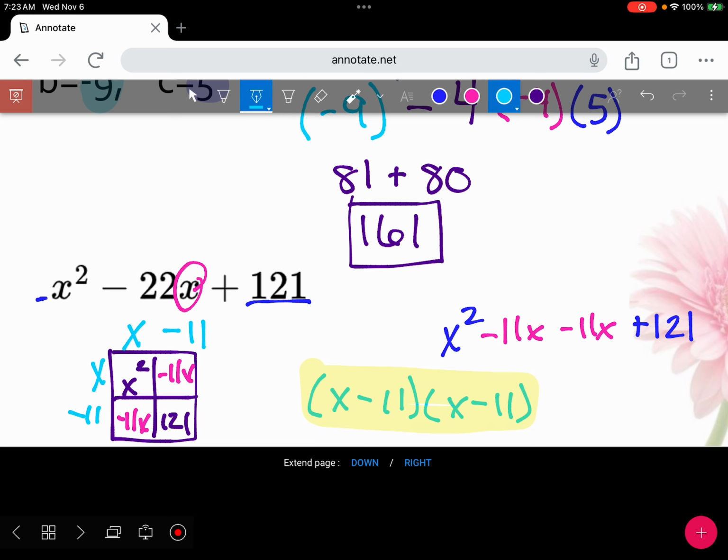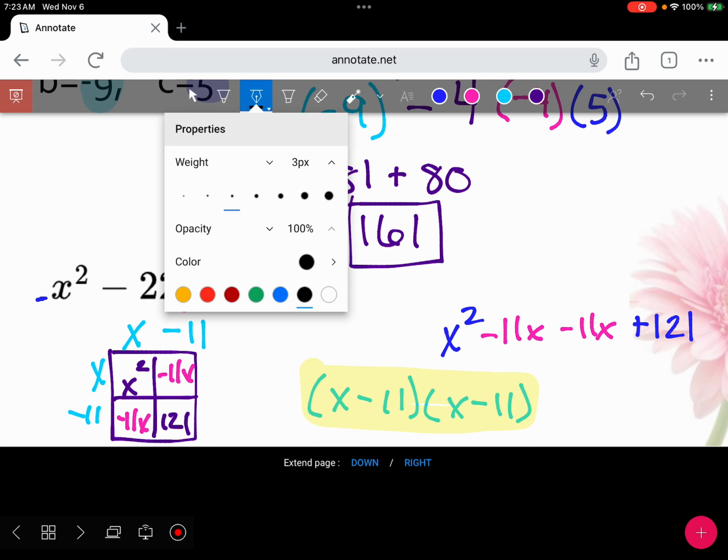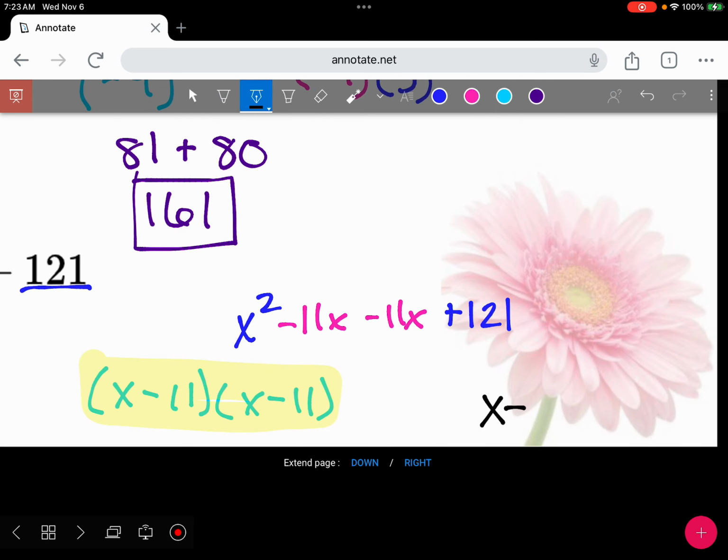Perfection. Because I could 100% write this as X minus 11 squared. But I would 100% take both. Totally fine, both would be absolutely valid. There's going to be times when noticing that it's a perfect square will help us when it comes to our solving later on. But for now, totally happy with either one of them.